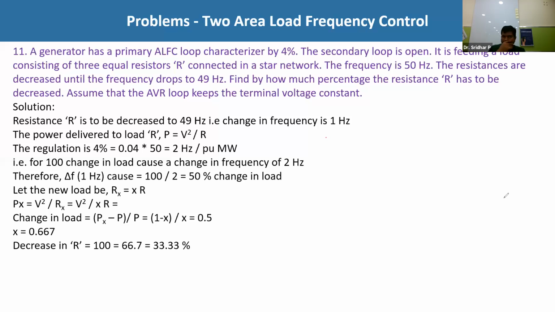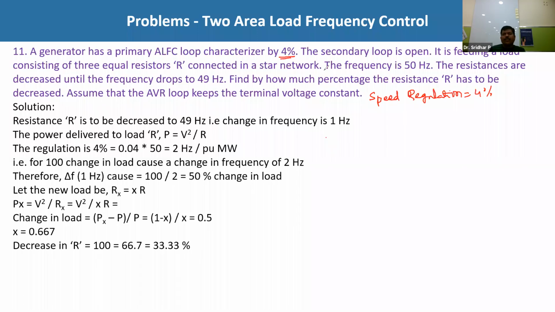So the primary ALFC loop characterized by 4% is nothing but the speed regulation. The first data is the speed regulation is 4%.